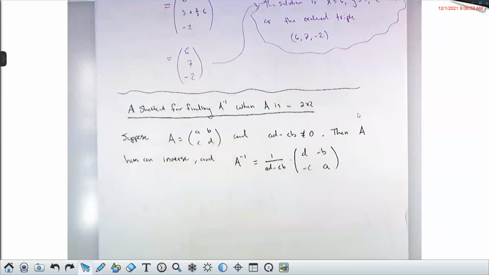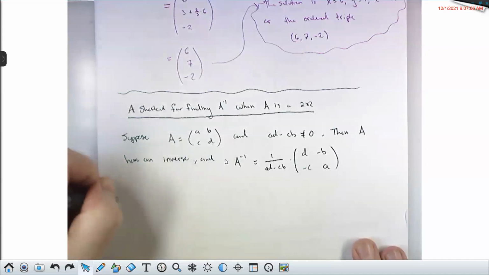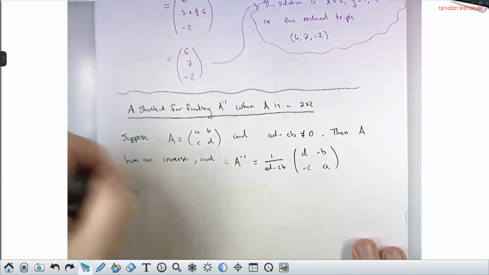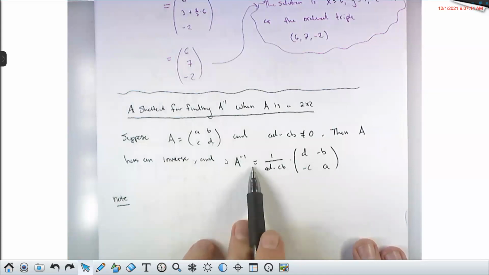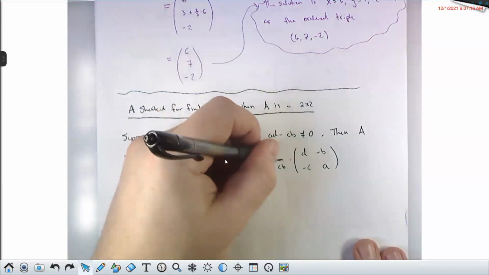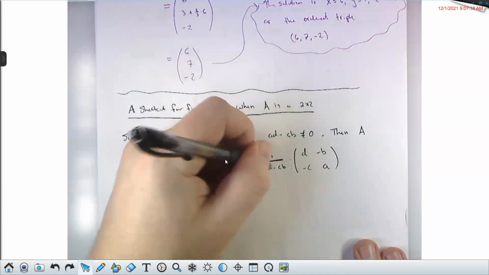I want to draw your attention to the second sentence here. Then A has an inverse. Not every matrix has an inverse. What is written after, in the equation? This says A inverse is equal to 1 divided by AD minus CB.